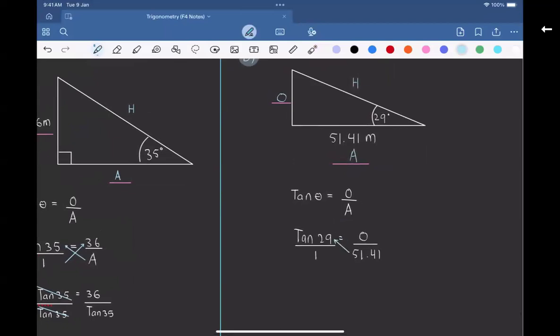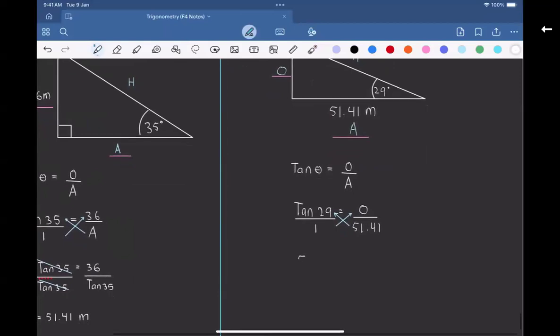That will be 28.5, which is equal to O. So the opposite is equal to how much again? 28.5.